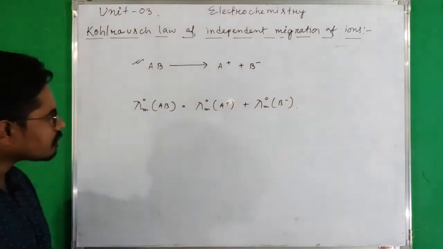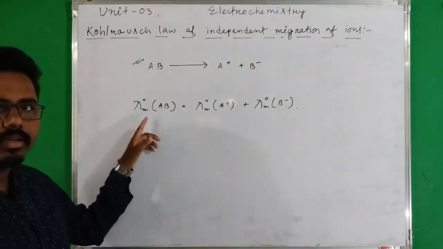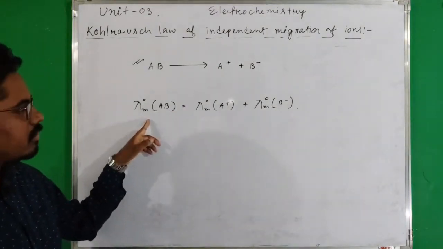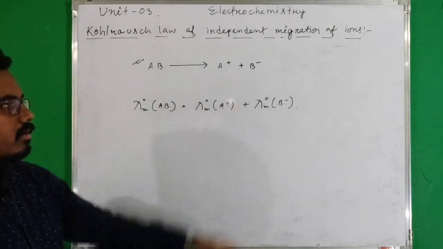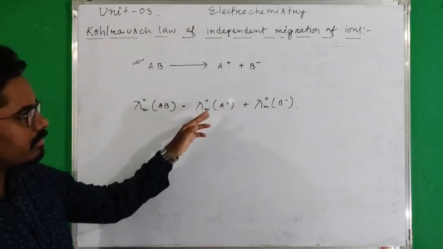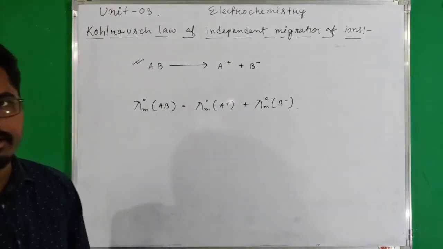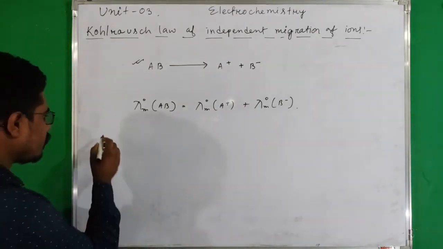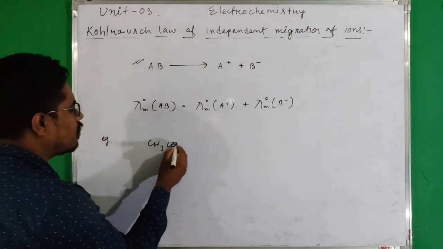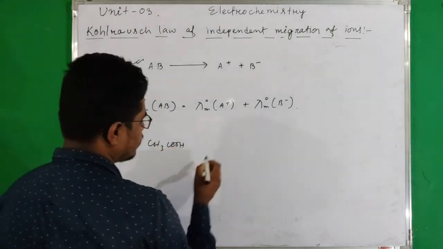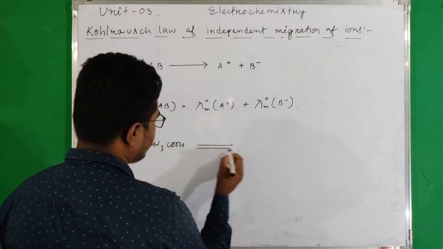That means the limiting molar conductivity of an electrolyte is always equal to the sum of the limiting molar conductivity of the individual cation and anion.